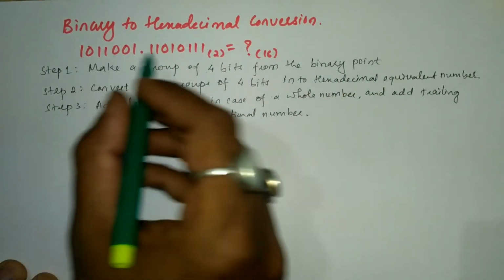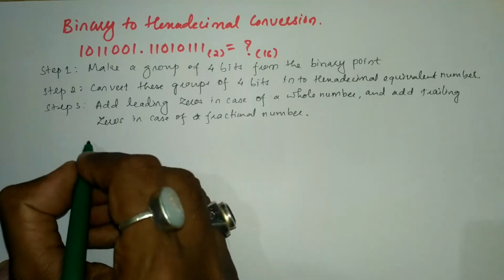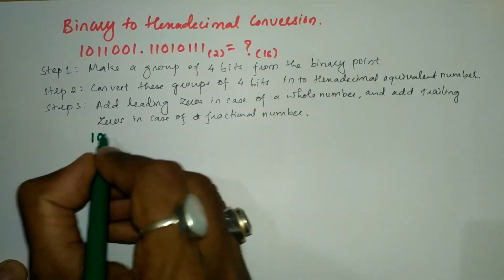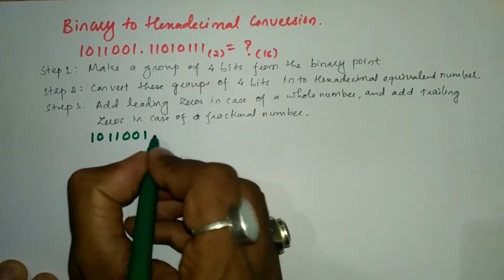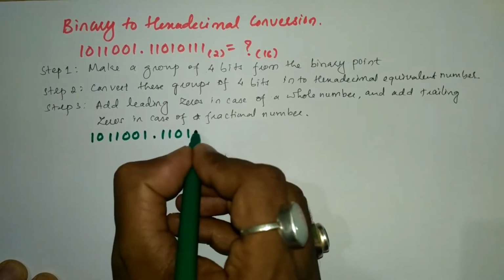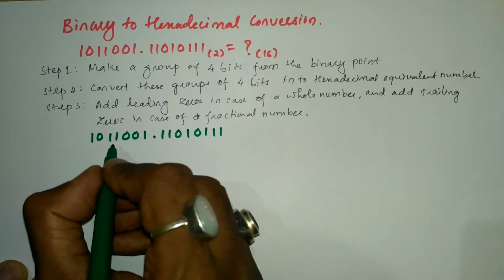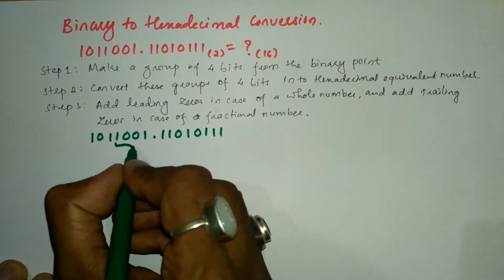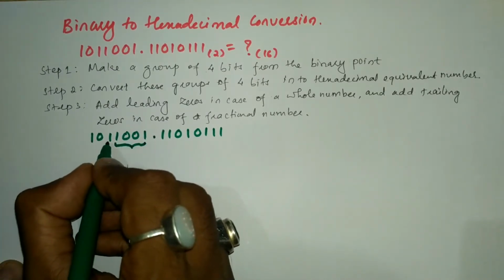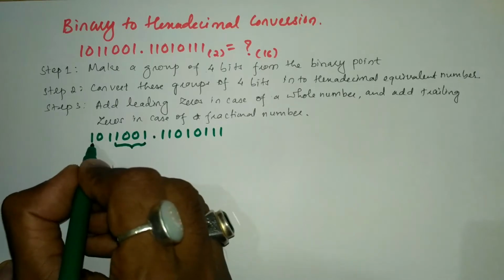So I'm going to write the same binary number which is given to us: 10110001.11010111. Here we have to make a group of 4 bits from the binary point. Here you can see we are left with only 3 bits.